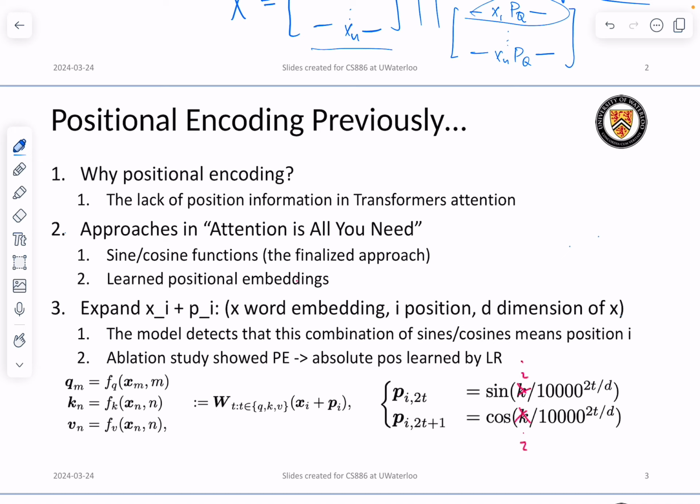Basically, here is what we just talked about, except they wrote it as W multiplied by xi, where I wrote X times PQ, PK, PV. So what we do here is for each of the xi's, we add a positional vector to it.